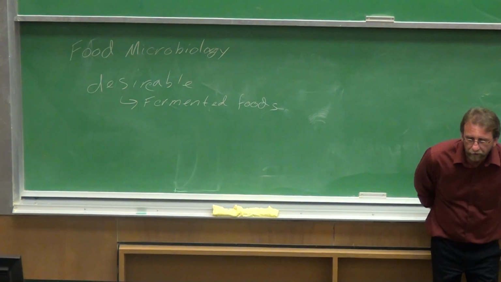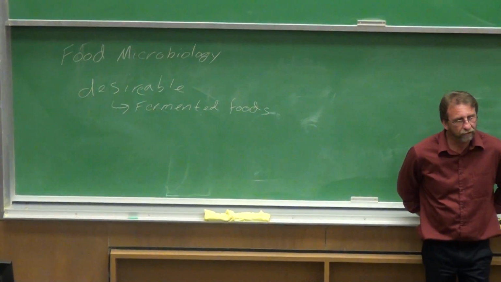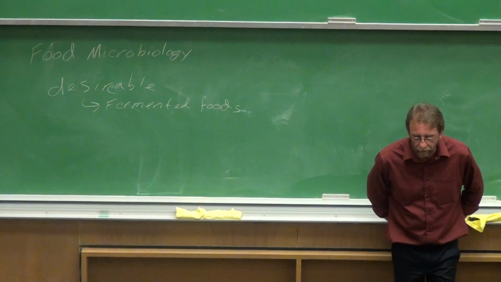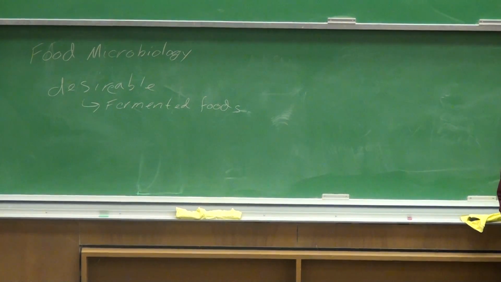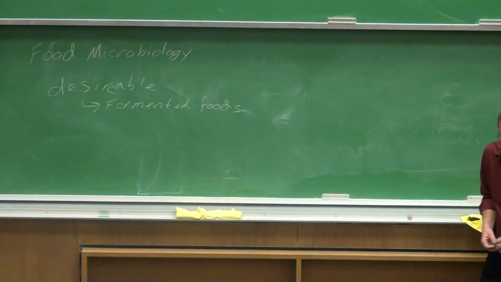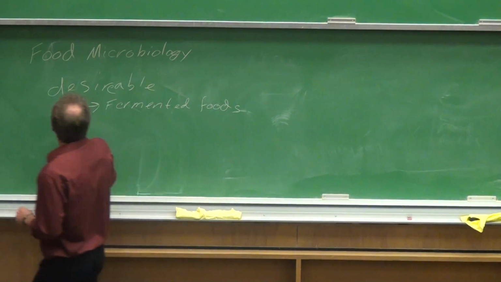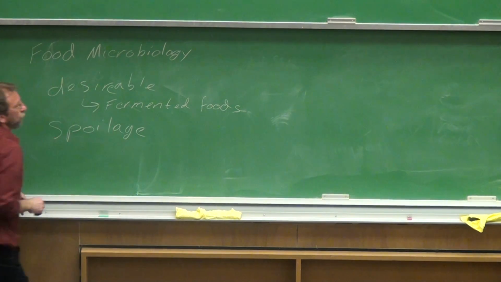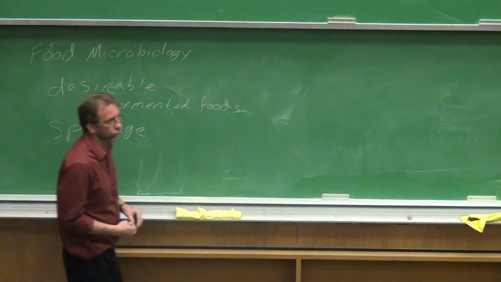So milk to sour cream is a desirable changing of the food that is carried out by bacteria. Beer and wine and soy sauce are all changes that are carried out by this fermentation process that bacteria carry out. Desirable. However, when the change is undesirable, we call it spoilage.